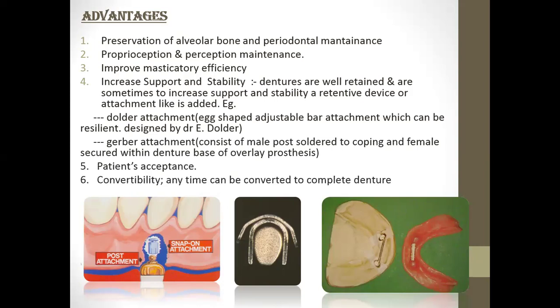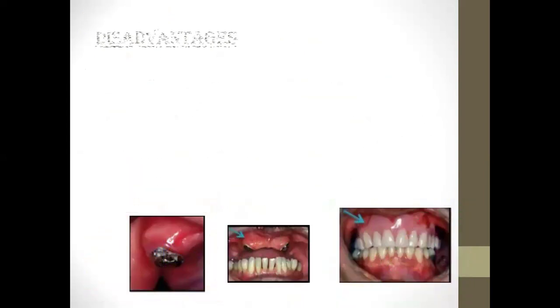And last but not the least, I would like to drive your attention towards convertibility. When you have fabricated these overdenture prostheses, later on, if for some reason the abutment goes for extraction or the implant fails, it can definitely be converted to your routine removable prosthesis, a complete denture prosthesis.